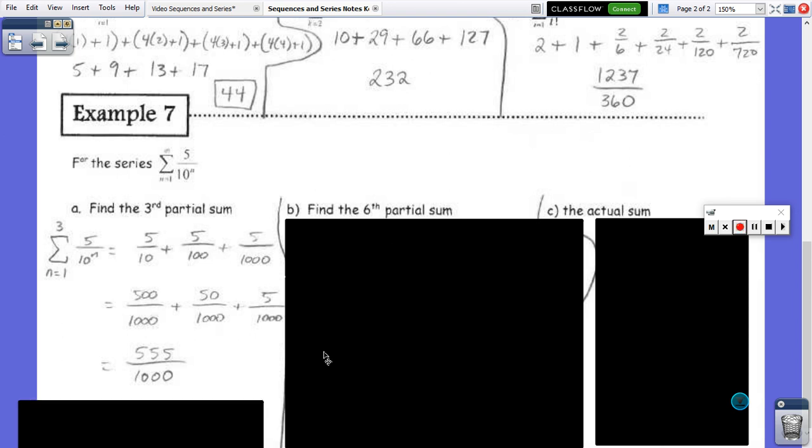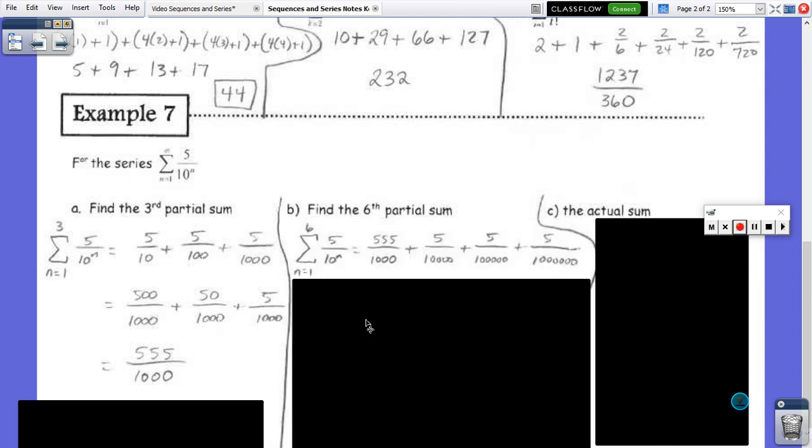Okay, so the next thing that I did was I took the 6th partial sum. So now we're going to go from n equals 1 all the way to 6. Alright, now to shorten it up a little bit, I just went ahead and said, well, the first 3 terms we found earlier, so I just went ahead and put that fraction here at the beginning. So this sum right here, 555 over 1,000, that fraction rather, represents our third partial sum.